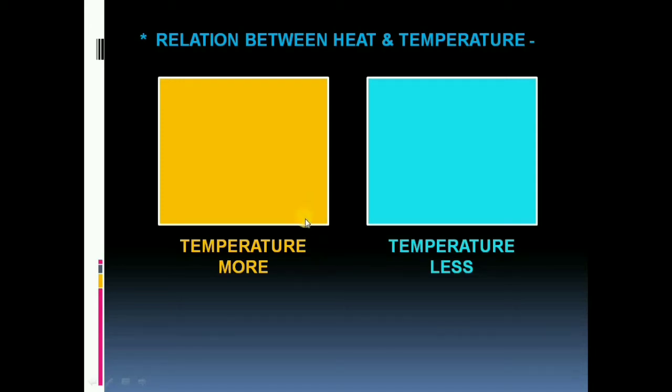If temperature of this body is less, that means this is a cold body. So these two bodies, they are made up of molecules. So let's say these are the molecules which are present in the hot body. Now these molecules, they are always in constant and random motion, as told by the kinetic theory of matter.